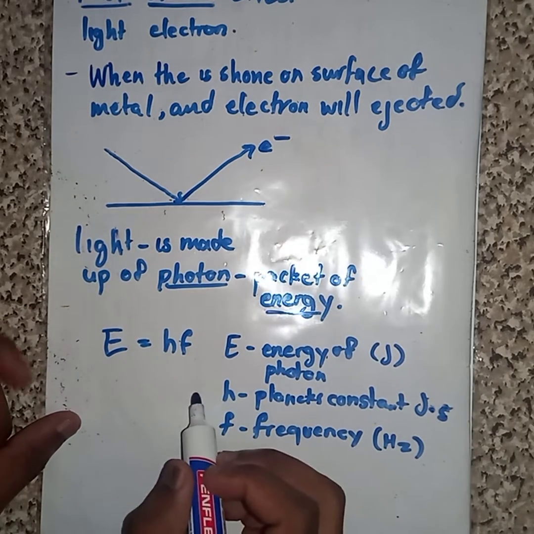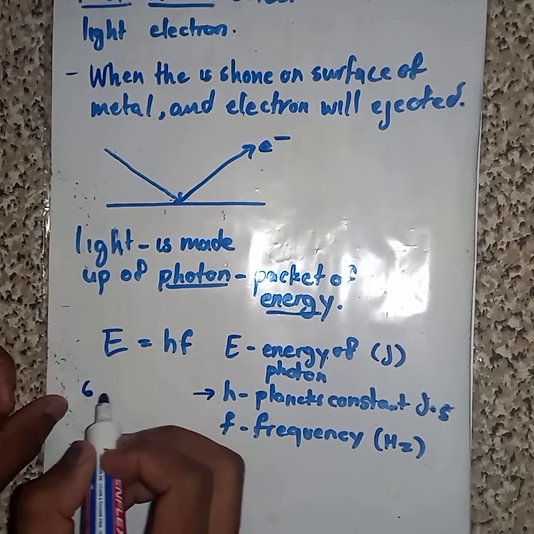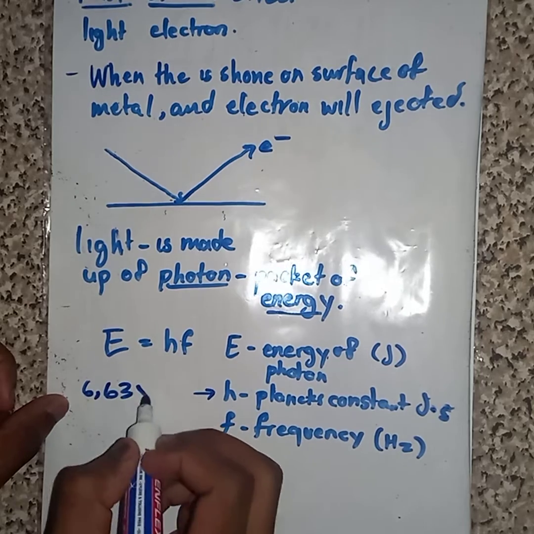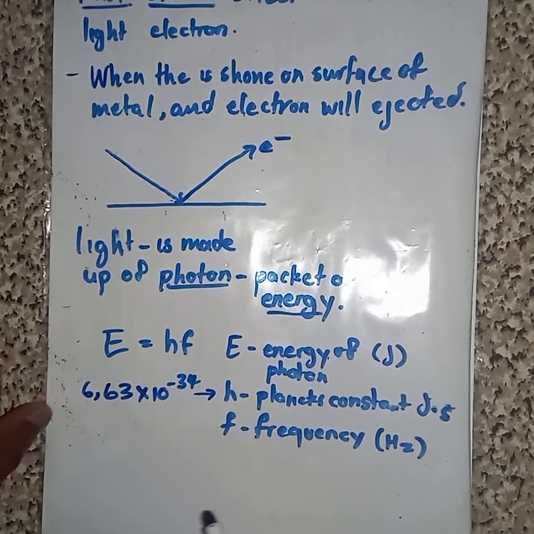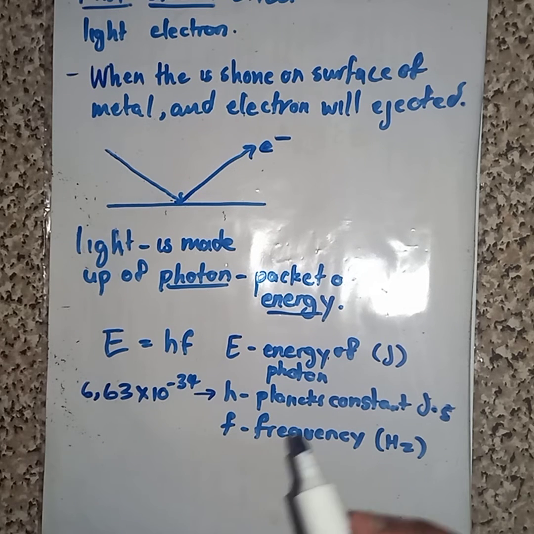As a learner, you must know that the value of Planck's constant is always 6.63 multiplied by 10 to the power of minus 34. This value won't change. We always use it like this.